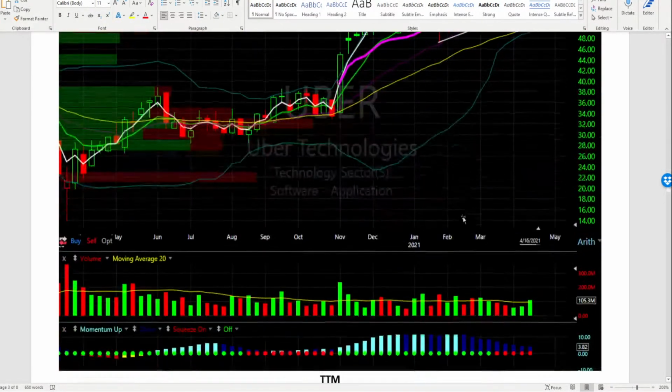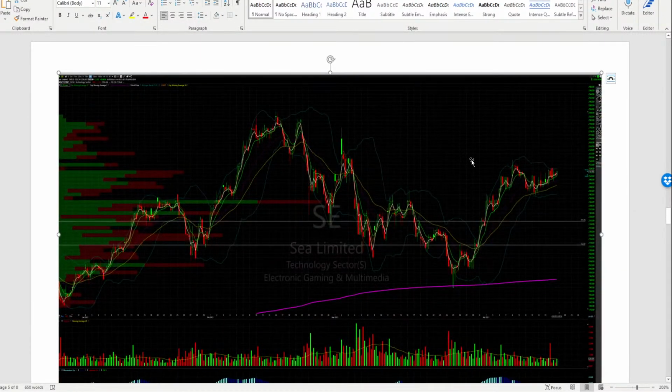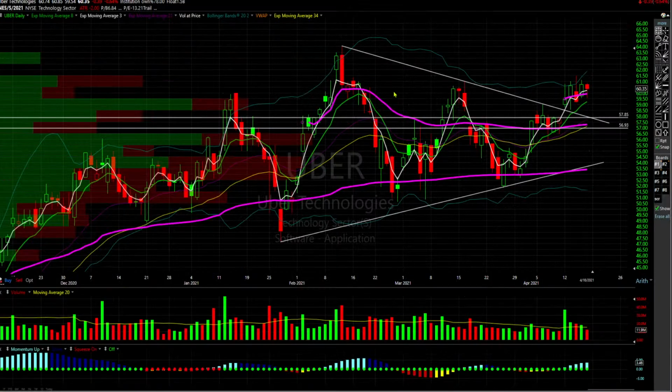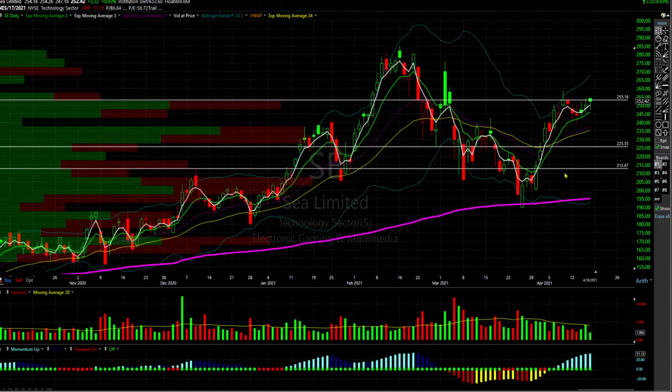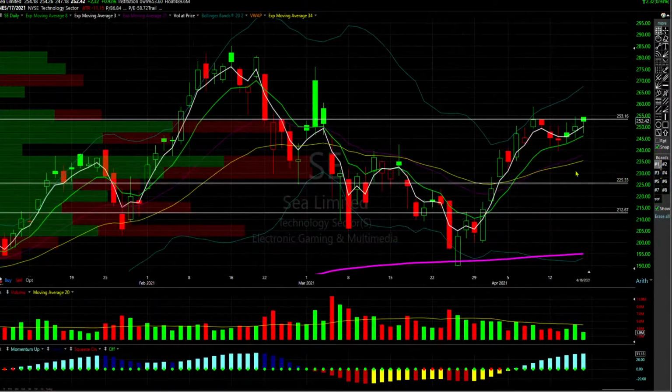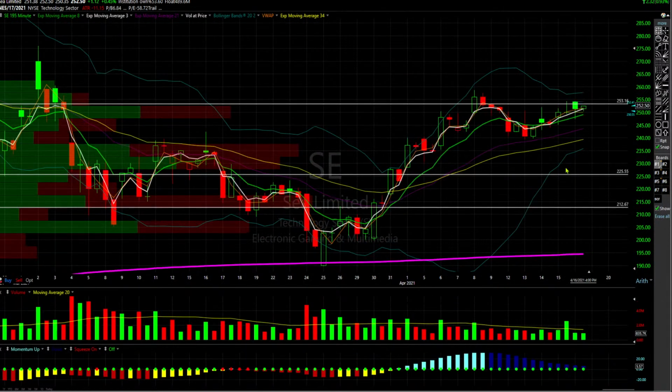So that's Uber. Now for the TTM, guys, this SE, you guys know I'm in this long term. I love this chart. Anytime I can play SE, I'm playing SE. The revenue growth is just ridiculous. And you can see this is setting up really nice here.